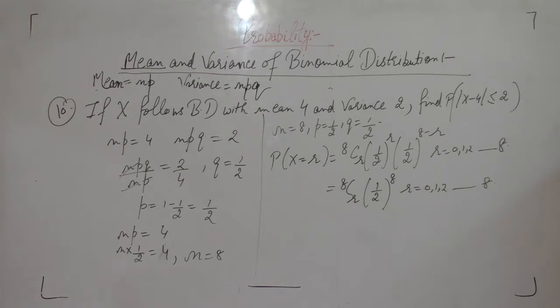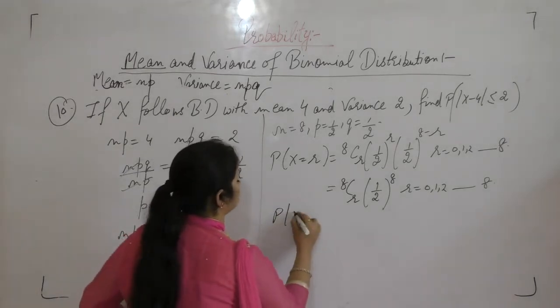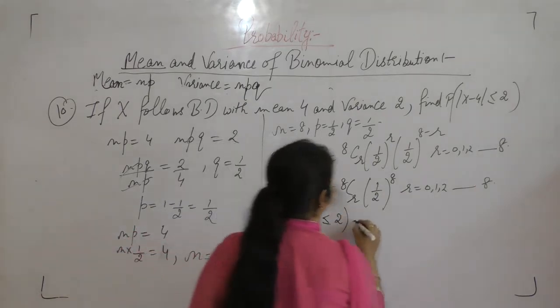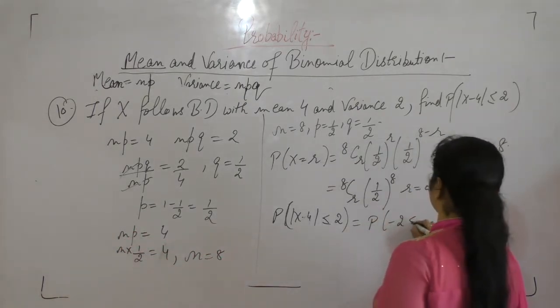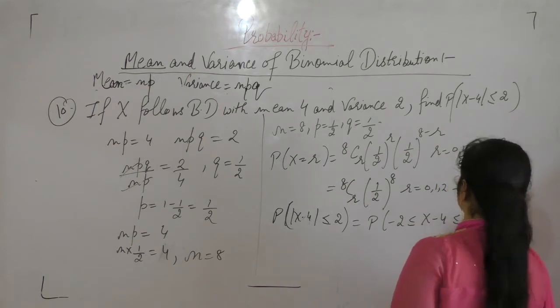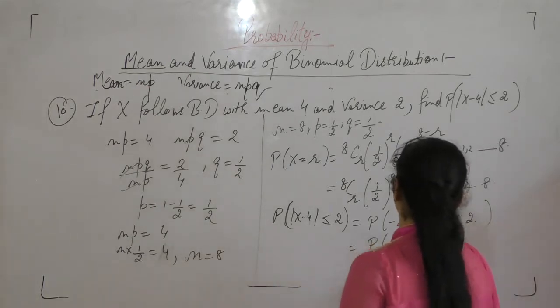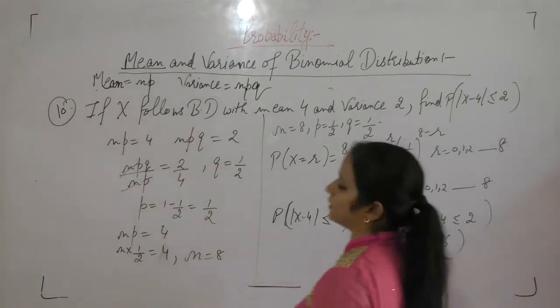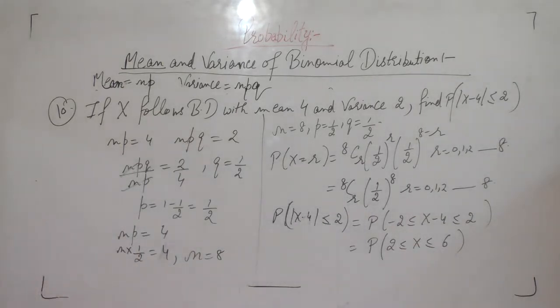Now probability x minus 4 less than equals to 2, minus 2 is less than x minus 4 less than equals to 2, add 4, 4 minus 2 and 4 plus 2 is 6. So probability 2 is less than x less than 6.